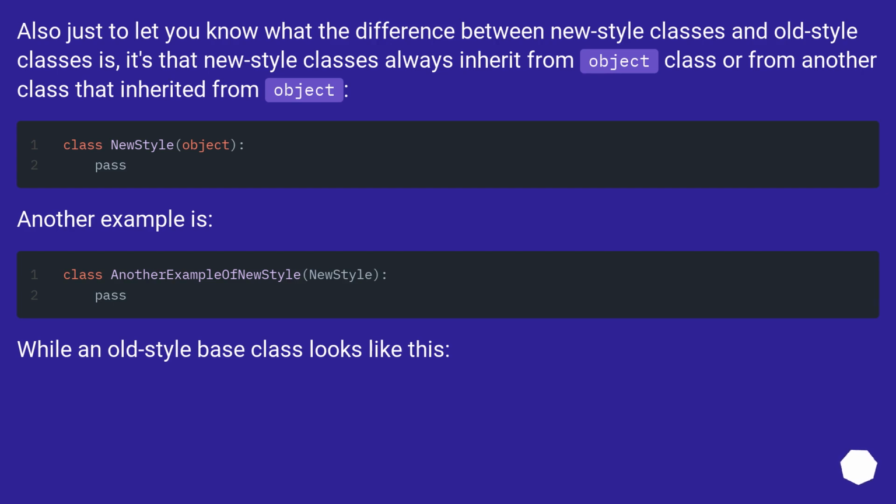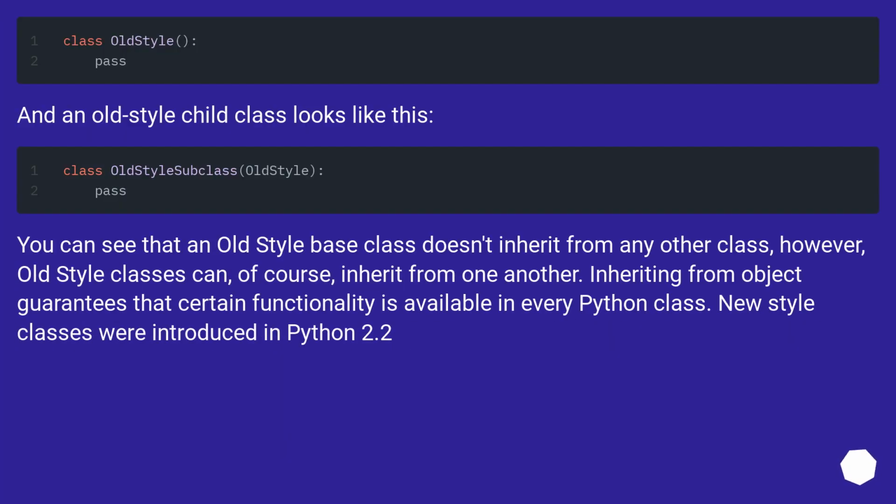Also, just to let you know what the difference between new style classes and old style classes is, it's that new style classes always inherit from object class or from another class that inherited from object. Another example is, while an old style base class looks like this, and an old-style child class looks like this.